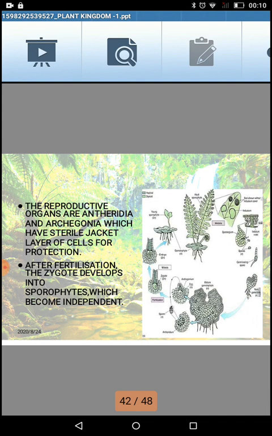In this case, the sporophyte is diploid in nature, and the gametophyte is haploid in nature. And diploid and haploid stages keep on alternating with each other. Half of the life cycle of Pteridophyta is spent in the diploid stage, and the other half is spent in the haploid stage.